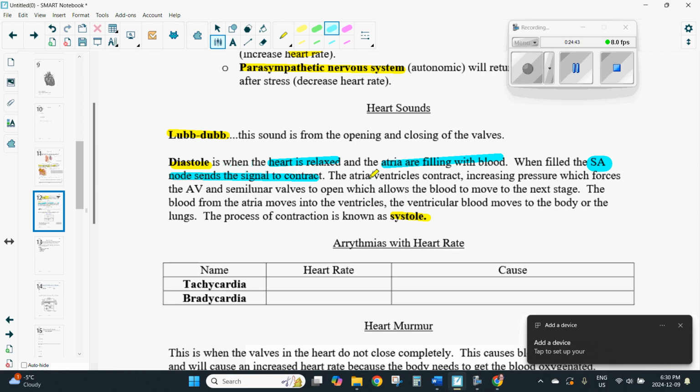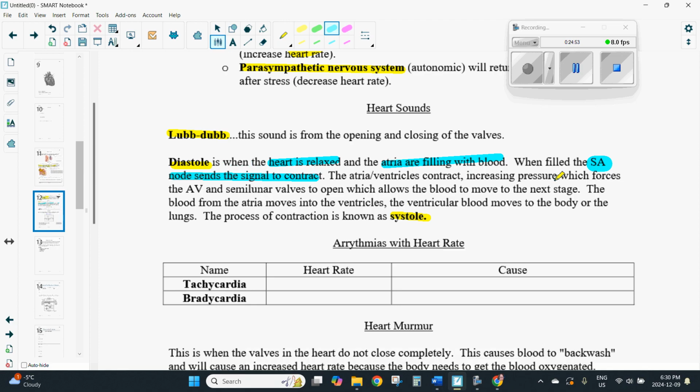So the atria and ventricles. Atria is talking about multiple atriums, so left and right. The atria and ventricles are going to contract, increasing pressure within the heart, which then forces the AV and semilunar valves to open. This allows blood to move to the next part of the pathway or part of the circulatory system.